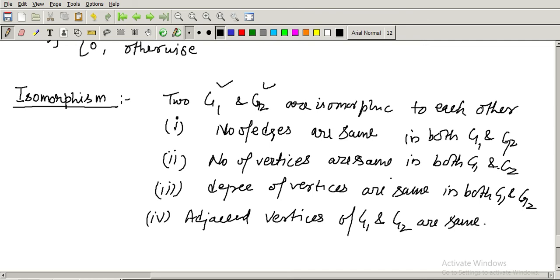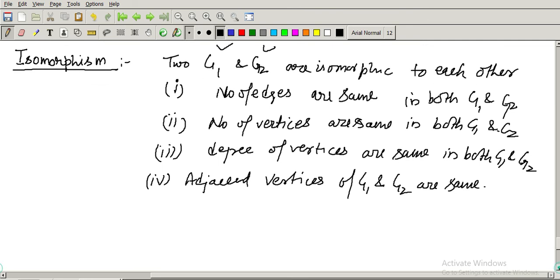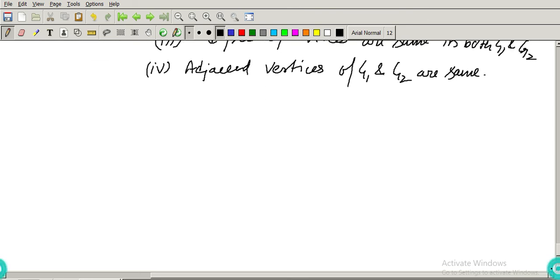So let's take an example for that. We have these graphs. They have asked you in your exam to identify or prove that these two graphs are isomorphic to each other.